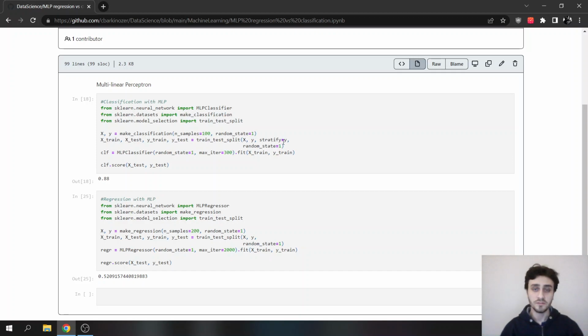For example, stratify. Stratify means the samples are split according to the classification value, the result classified by this value.